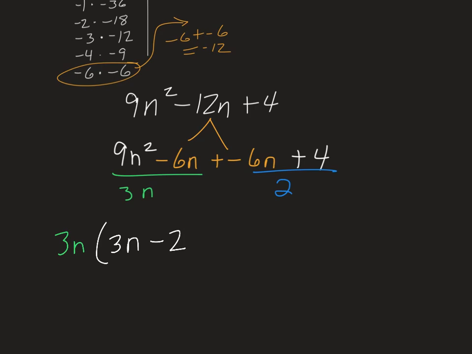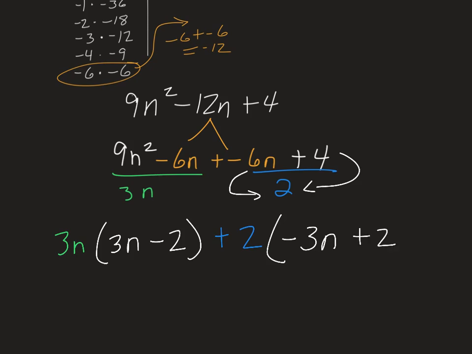And then the n's are just going to cancel each other out, so I'm just left with the n by itself. If I factor out that positive 2, negative 6n divided by a positive 2 leaves me with a negative 3n. And then positive 4 divided by 2 leaves me with a plus 2.